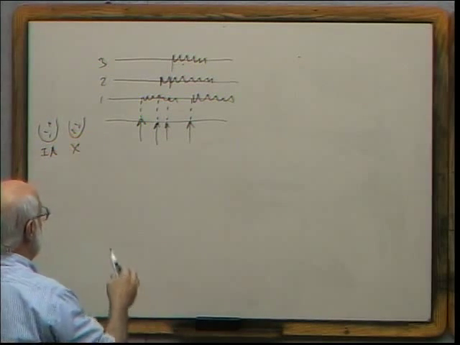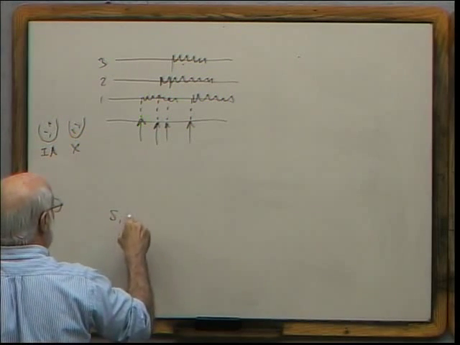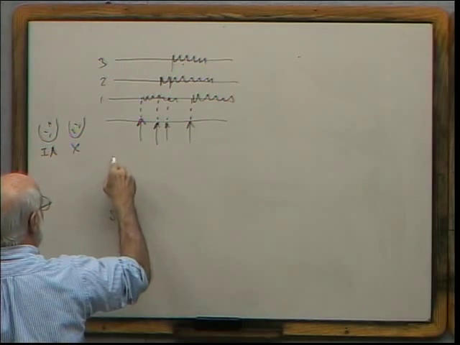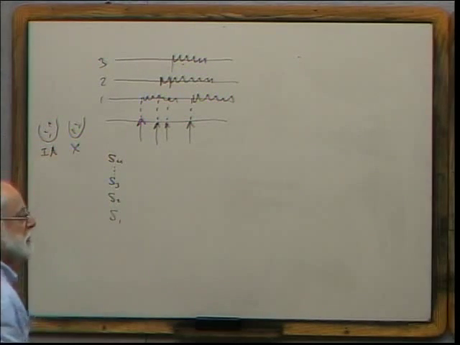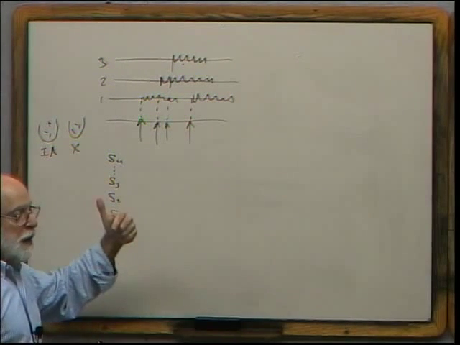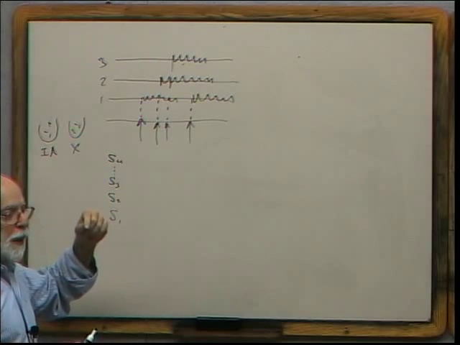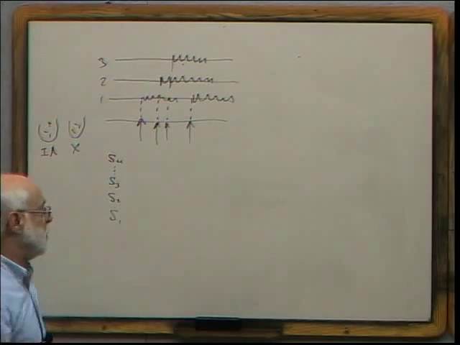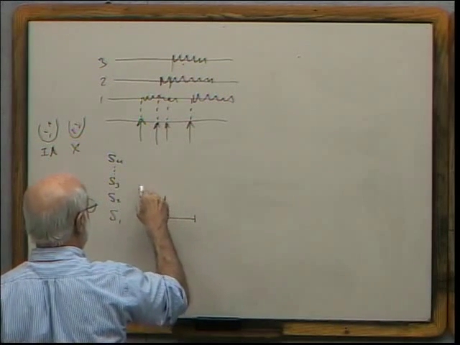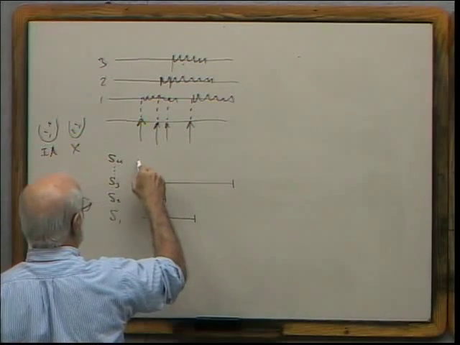So maybe this is source 1, source 2, source 3, and so forth, source n. And now, for each source, I'm going to keep a record of when that source is going to make its next request for service. So let's say here's source 1, here's source 2, here's source 3, source n.